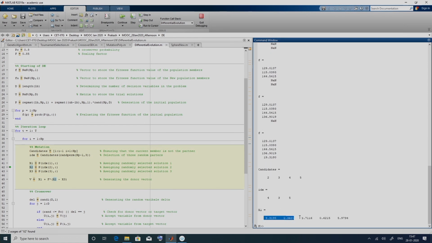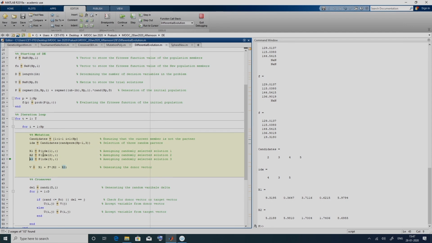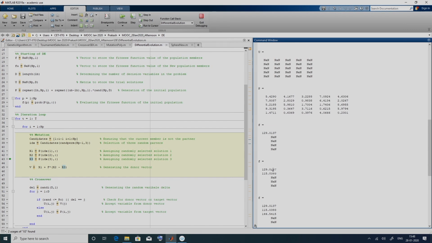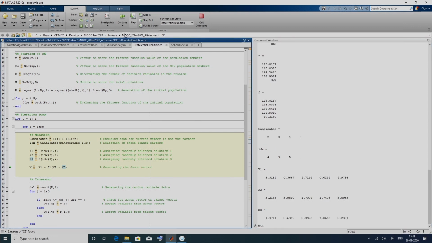So, that is the first solution, right. So, if we continue this, the second partner solution is IDX of 2, right. So, IDX is 4, 3, 5. So, IDX of 2 is 3. So, the third solution is nothing but x2. So, the third solution is this one and which is assigned as x2, right. So, similarly, the third partner x3 is determined. Now, we have figured out solutions x1, x2, x3, right.